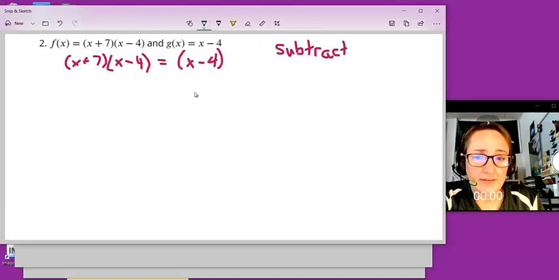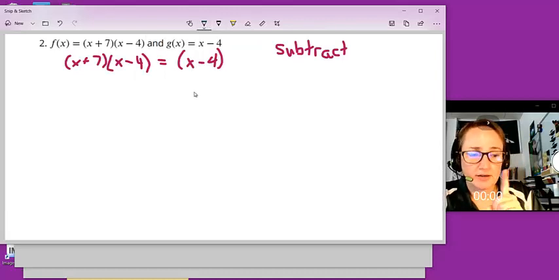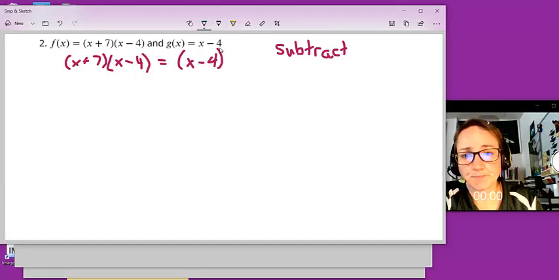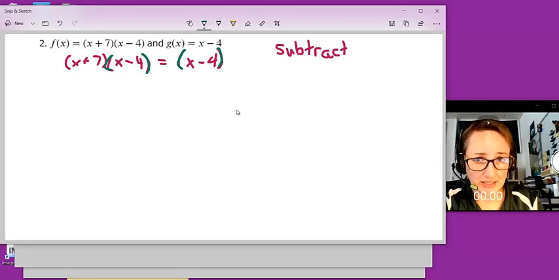Stop, and the first thing you should always check is if they have something in common, an entire factor. So I notice this x minus 4 is a common factor on both sides. That tells me that when these two graphs are going on, there's immediately a factor that they have in common.